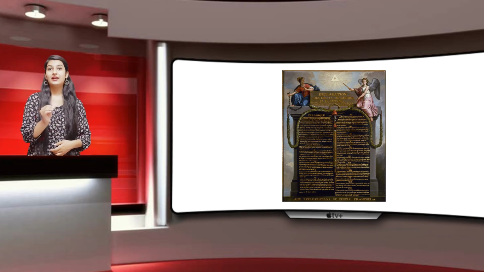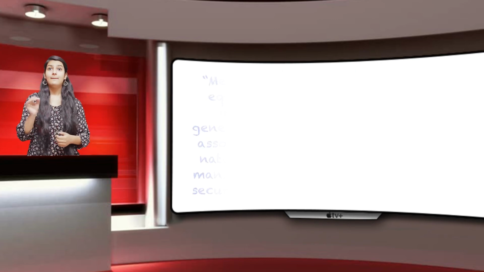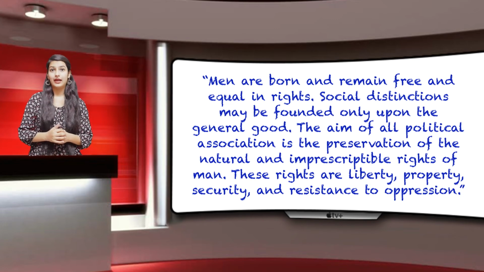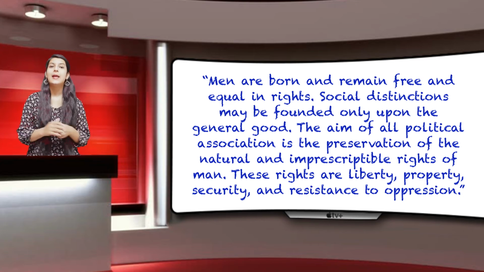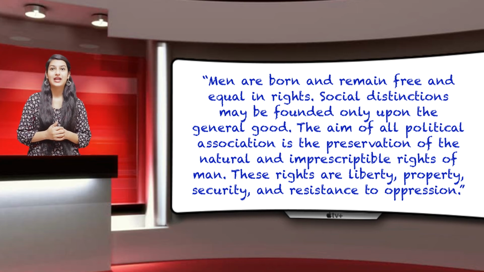The French Declaration stated in its first two clauses that men are born and remain free and equal in rights. Social distinctions may be founded only upon the general good. The aim of all political association is the preservation of the natural and imprescriptible rights of man. These rights are liberty, property, security, and resistance to oppression.